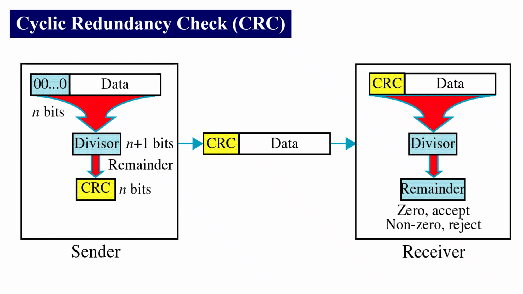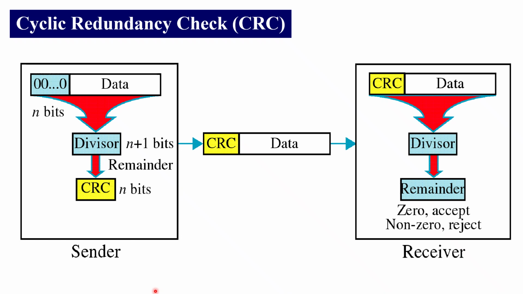The most powerful redundancy checking technique is CRC. Unlike LRC and VRC, which use binary addition, CRC works on the principle of binary division. Here's how it works.